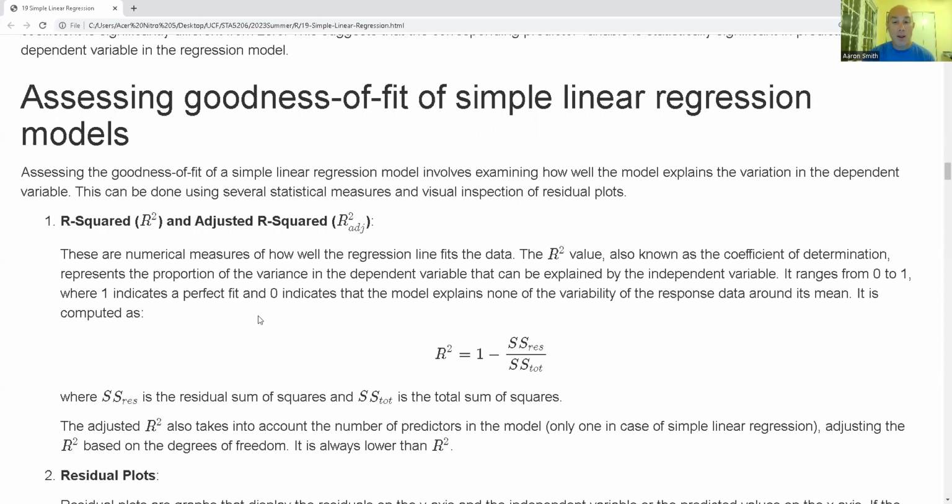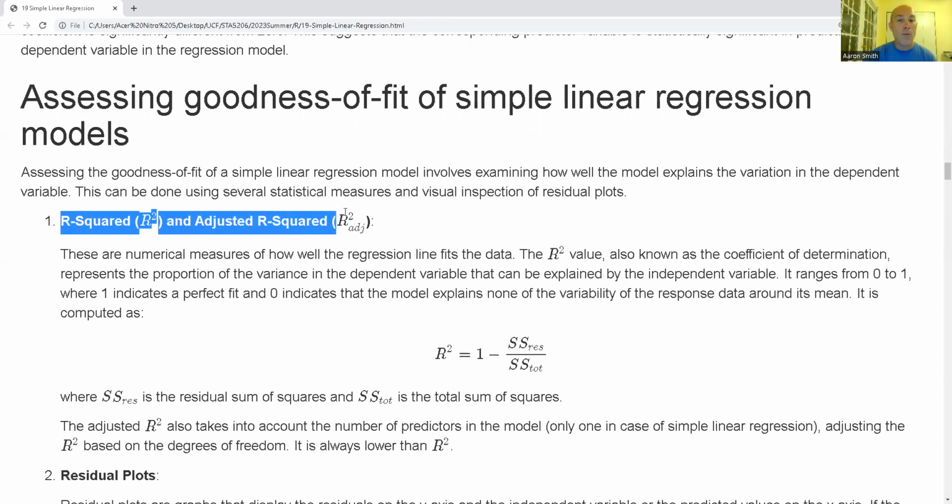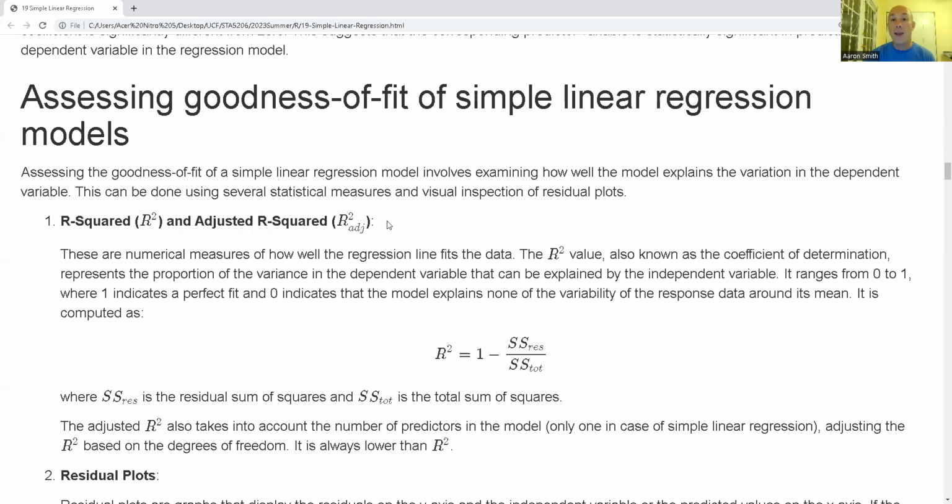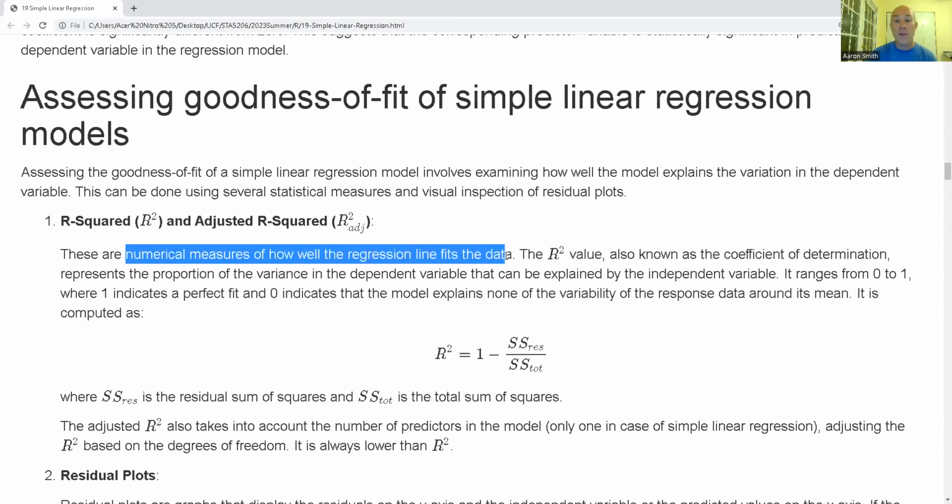It's basically a modified version that makes it so that overfitting can be spotted a little bit easier. Something that I typically use: if these two are far apart, that's an indication that I've overfitted my model. There are numerical methods for measuring how well the regression line fits the data.